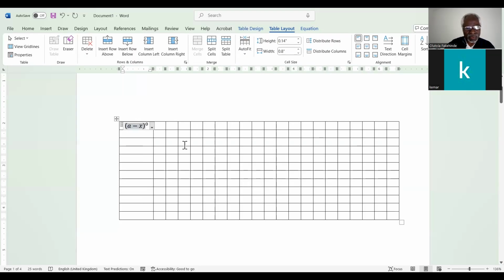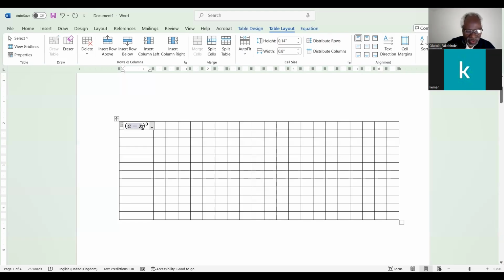Now, what we want to do is derive that triangle from here. 1, 2, 3, 4, 5, 6, 7, 8, 9, 10. I think 10 will be all right. And remember, this expression here, a minus x bracket to power 0, is what? Samuel, what is this? Oh, okay, this is plus.